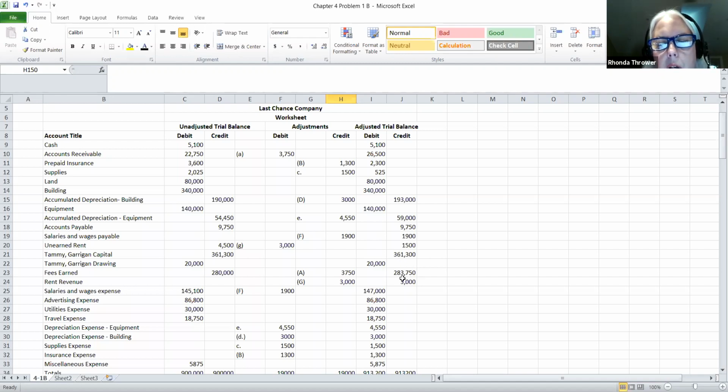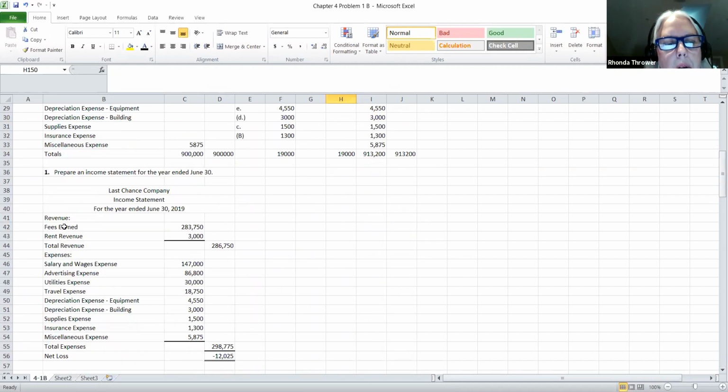So the first revenue account that we're going to look at is our fees earned, and the adjusted trial balance amount is $283,750. So this amount is what I've plugged into my fees earned, showing the revenue account here. That's coming from your adjusted trial balance.